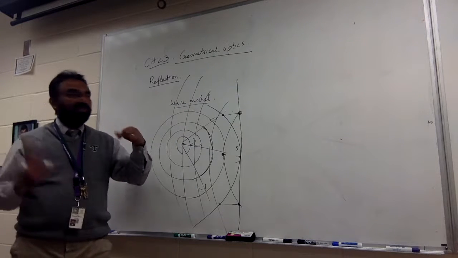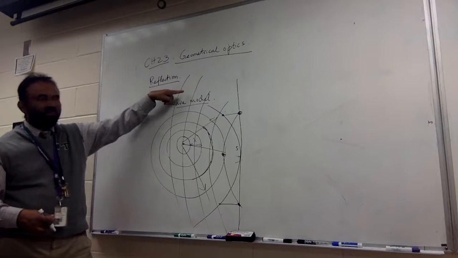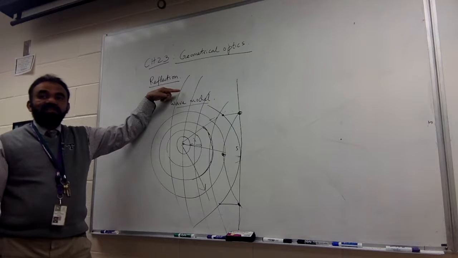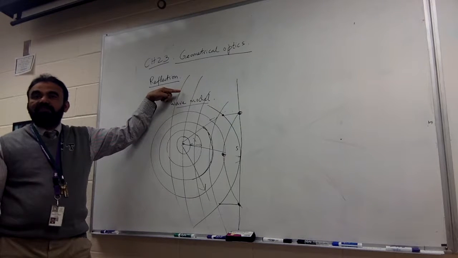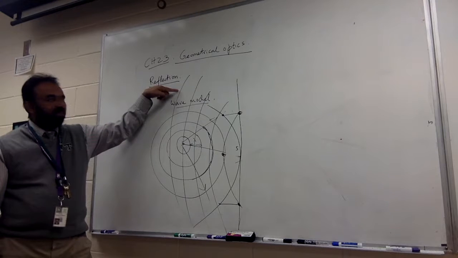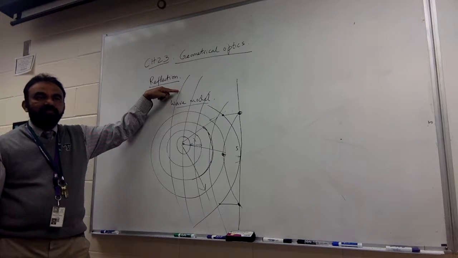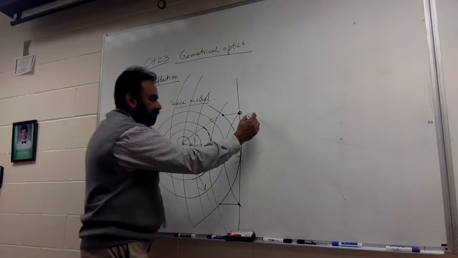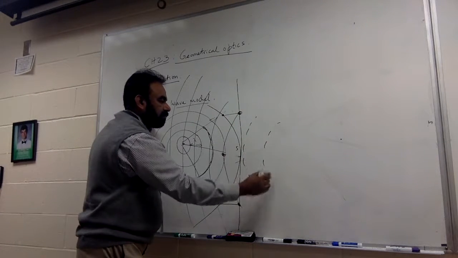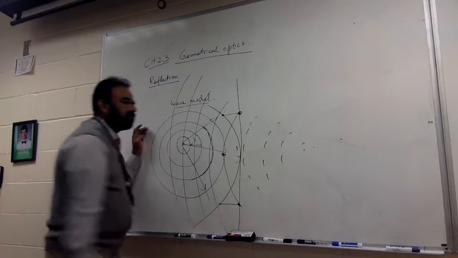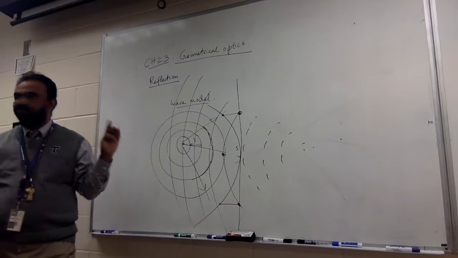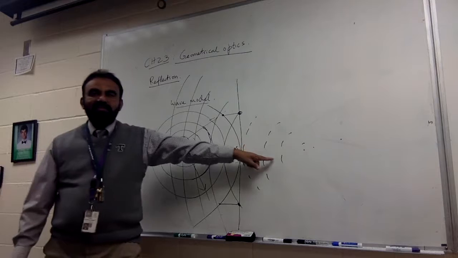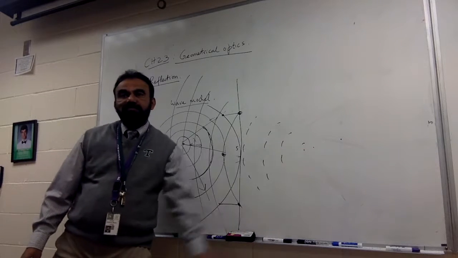Now, for an observer standing on this side and watching these things coming, these things appear to have started off from somewhere. Where are these appearing to come from? These are appearing to come from there, correct? These things are appearing to be coming from this spot.